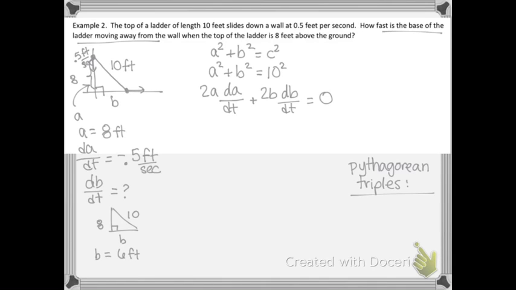Some common Pythagorean triples that you might need are 3, 4, 5. If you double all of those sides, 6, 8, 10, that's a Pythagorean triple.